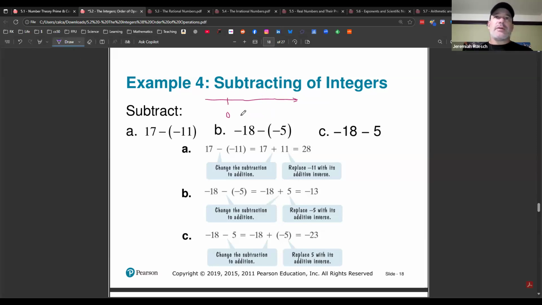Well, in this situation, you're over here at negative 18, meaning you started at 0 and you walked this way, originally negative 18 steps, because again, the negative says turn left, or turn around. And we always assume that we're pointing to the right. And then you're here, and the negative 5 says, are you ready for this? It says turn around. So you're here facing this direction originally because you're heading in the negative 18 direction. Let me see if I can add a little bit more room here.